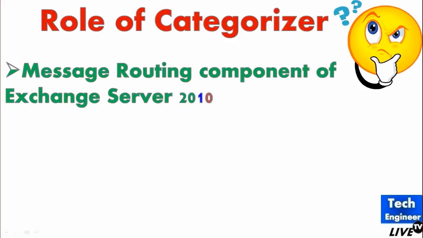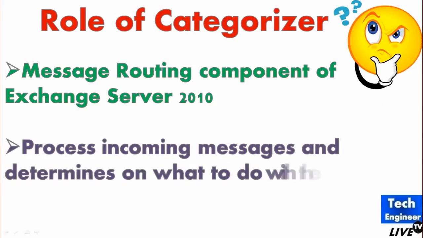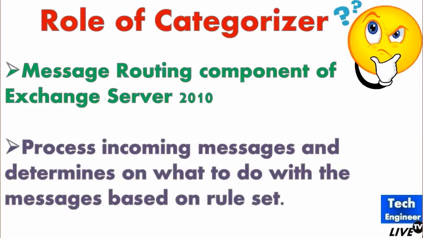It's a component of Exchange Server 2010, and basically it processes the incoming message and determines what to do with the message based on the rules set. It's a very essential part, and it not only processes the incoming mail but also determines what to do.